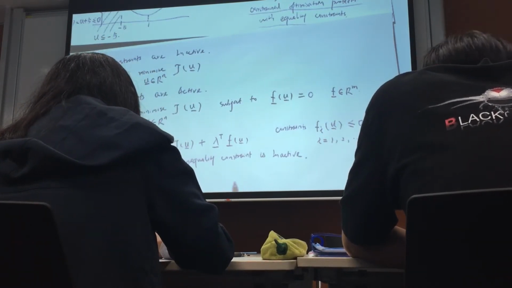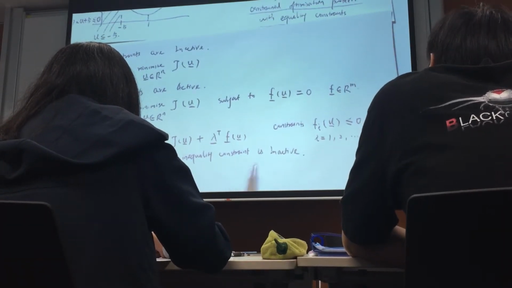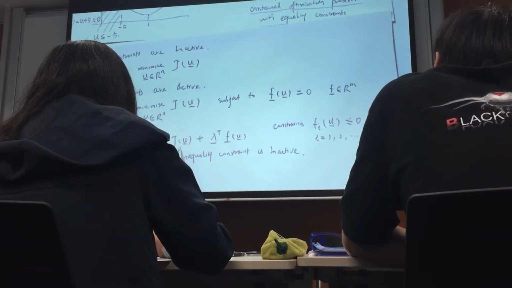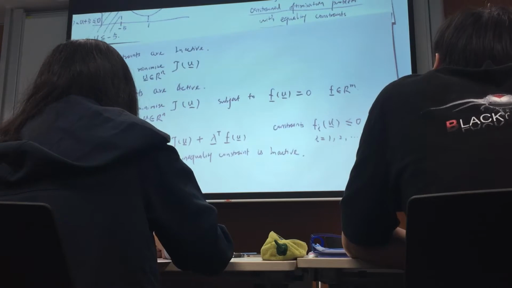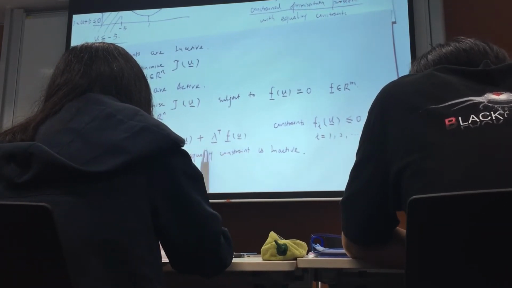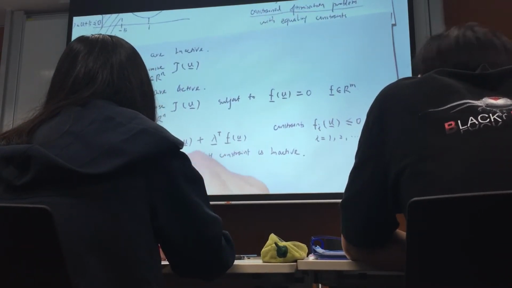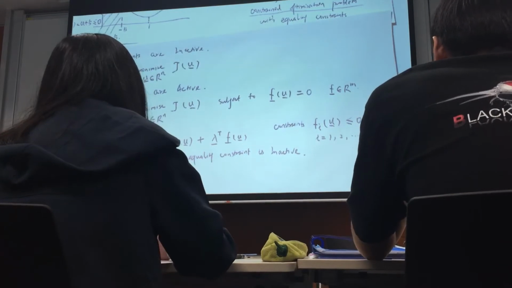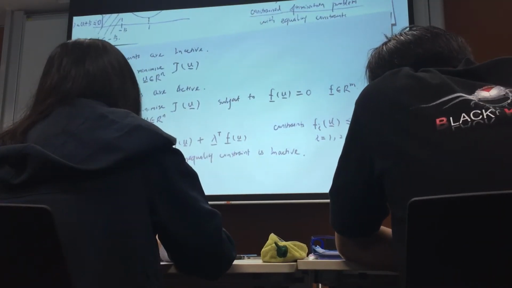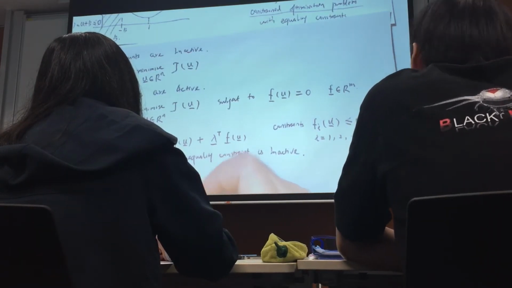So if the i-th constraint is inactive, we know in the Hamiltonian this problem will be converted into an unconstrained problem. So this is equivalent to this part being 0. So from here, we know this lambda_i corresponding to i should be equal to 0.